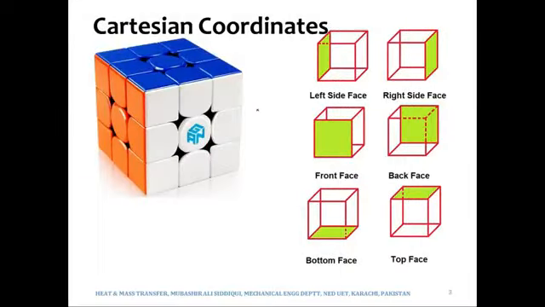Let's start with the Cartesian coordinates. In fact, we have a cube or a cuboid in which there are 6 faces, and you can see that there is a left face over here, and then there is a right face over there. So this is that left face and this is that right face.